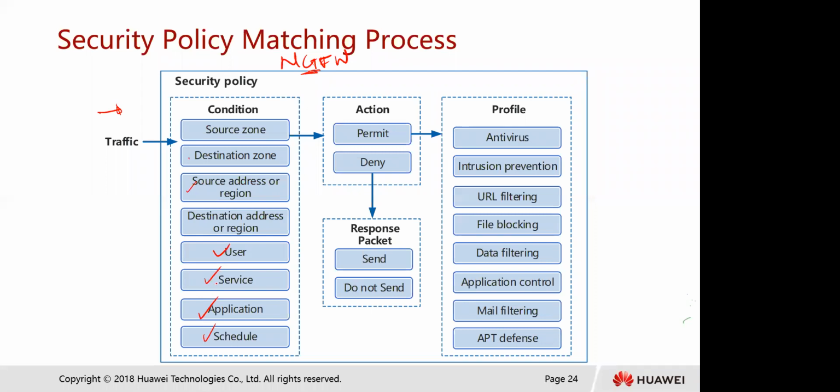Am I permitted to use that service on my network? And of course, the schedule. Am I allowed at this time, or later on, or maybe next week, or over the weekends? So the firewall compares attributes with the conditions defined in our policies.